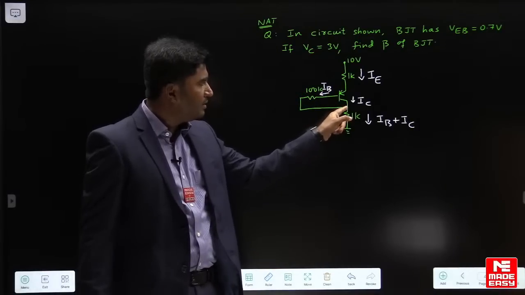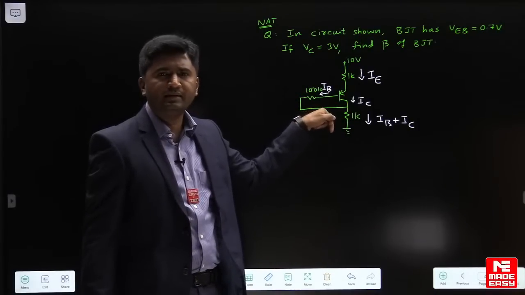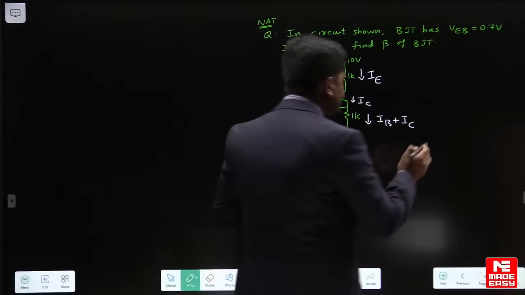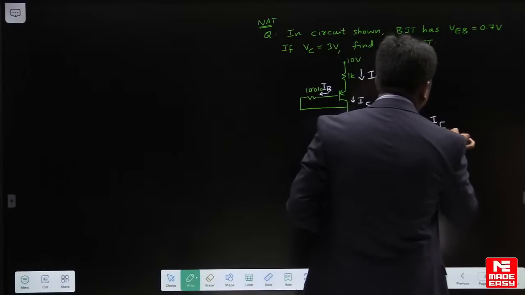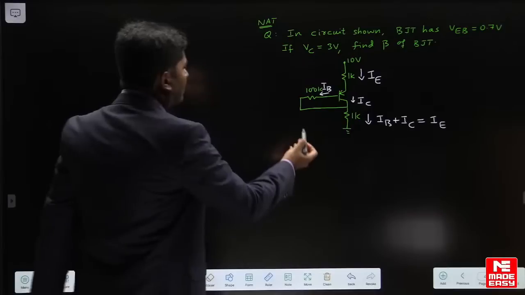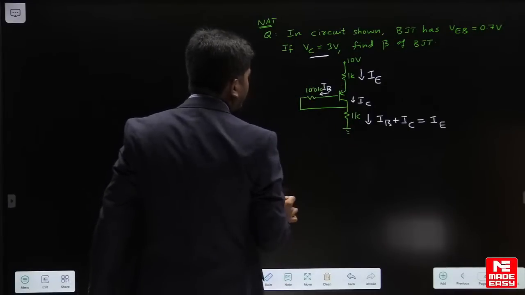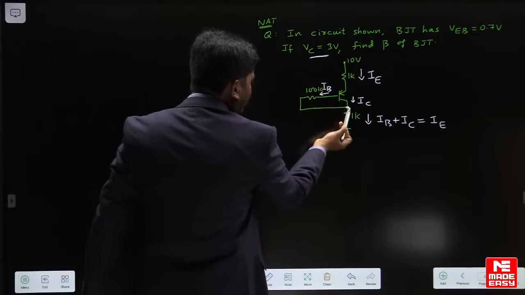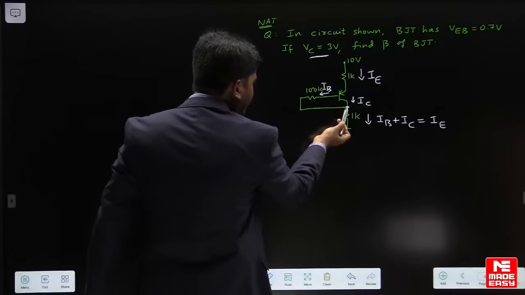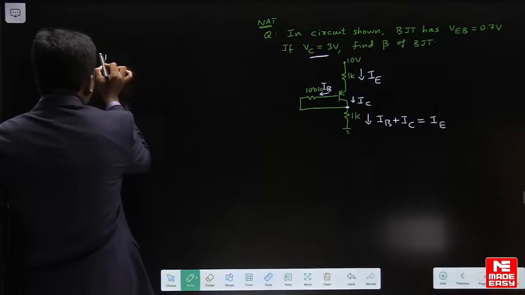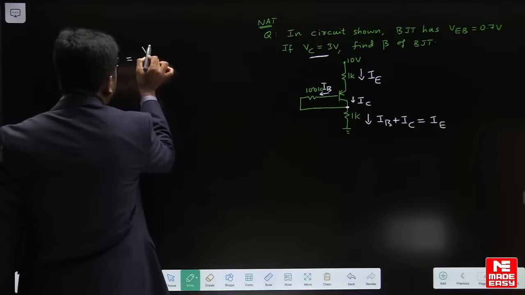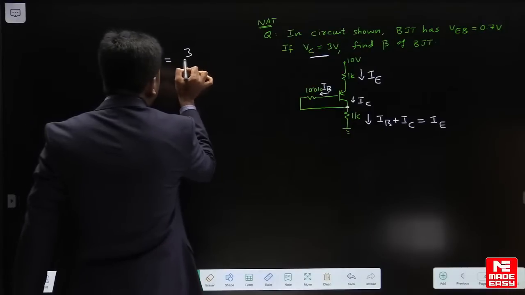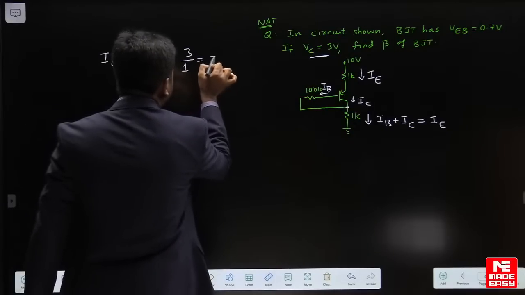When you apply KCL, current in this 1K will be IB plus IC, and we know very well IB plus IC is nothing but emitter current. So we write it directly equal to the emitter current. Now in the question collector voltage is given as 3 volt. VC means voltage between collector and ground, given as 3 volt. So find I. I is equal to VC divided by 1K. 3 volt divided by 1K is 3 milliampere.